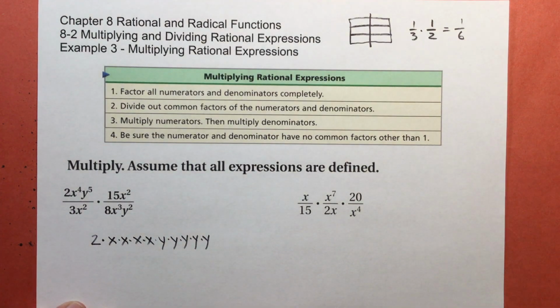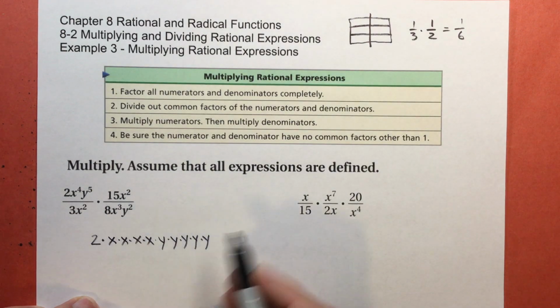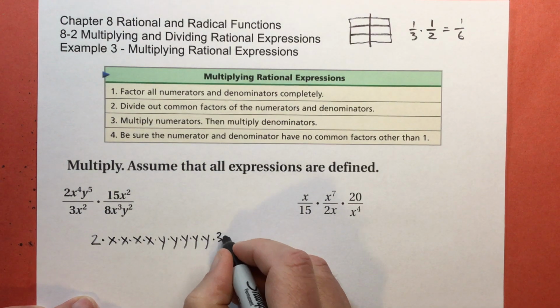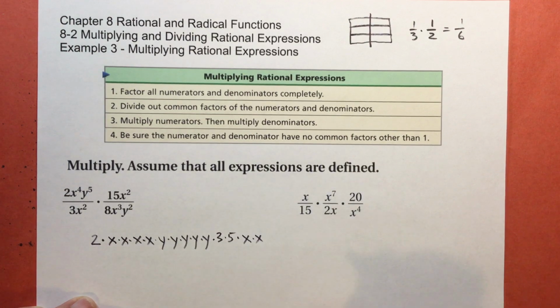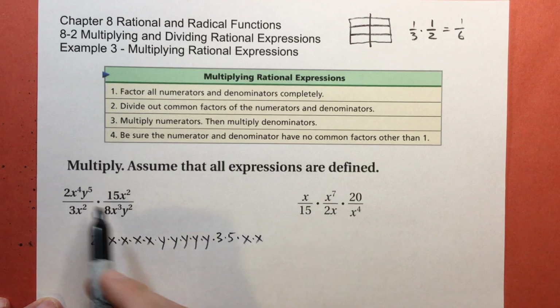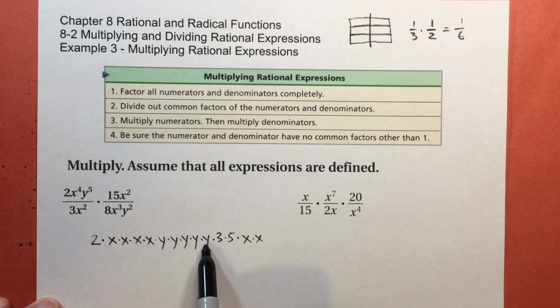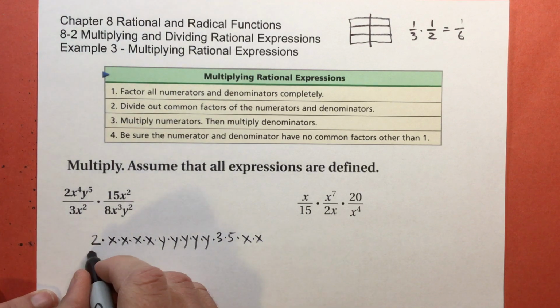Now, by the way, I don't recommend you doing it this way. I'm doing this because I'm explaining what's happening. You might be able to figure out some sort of a shortcut. 15 factors into 3 times 5, and x to the 2nd power is x times x. This is expanded form: 2x to the 4th, y to the 5th, times 15x squared.